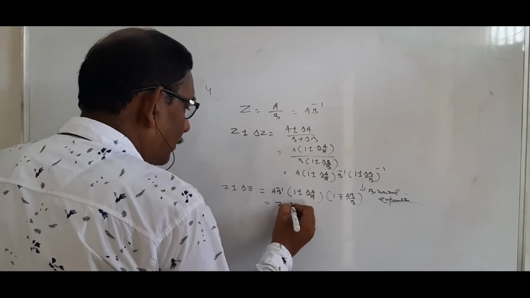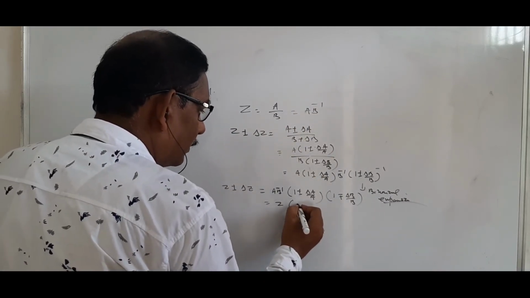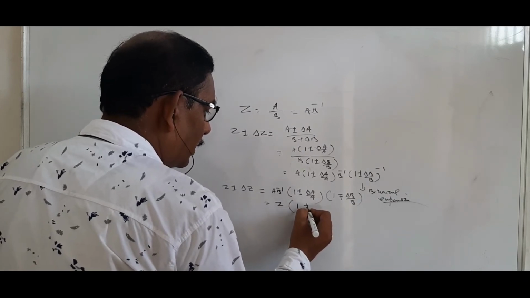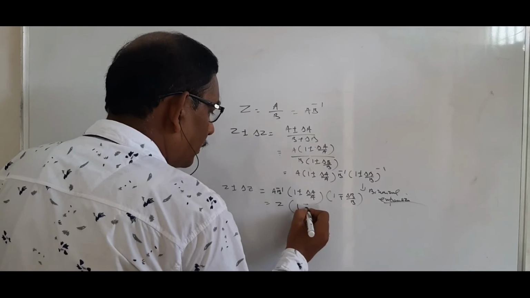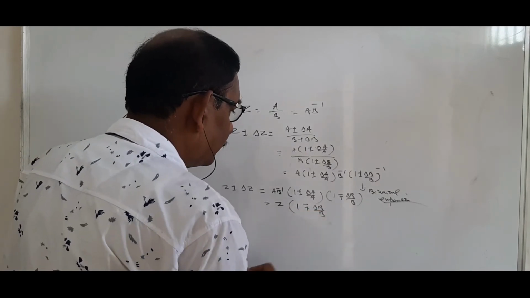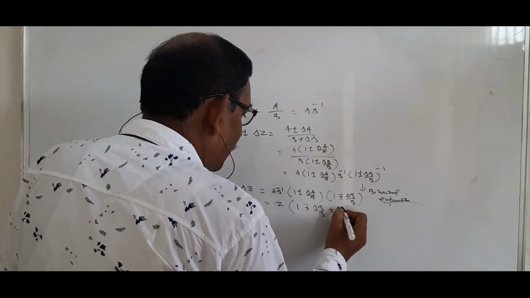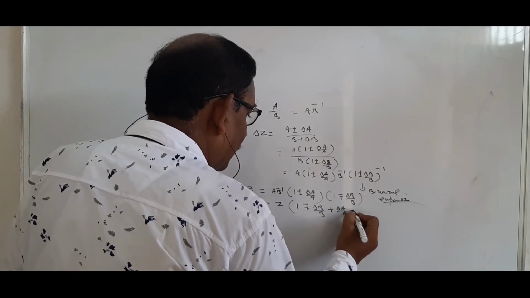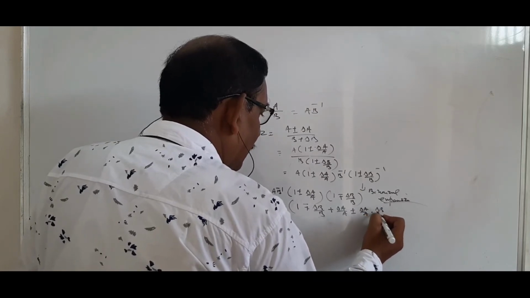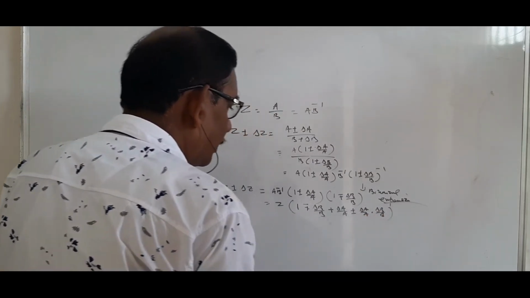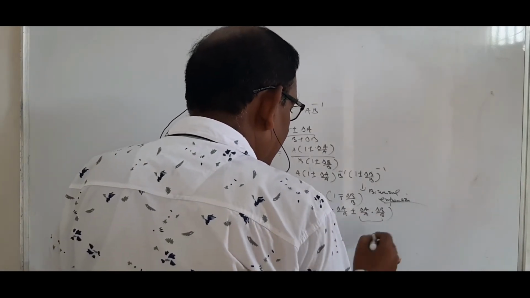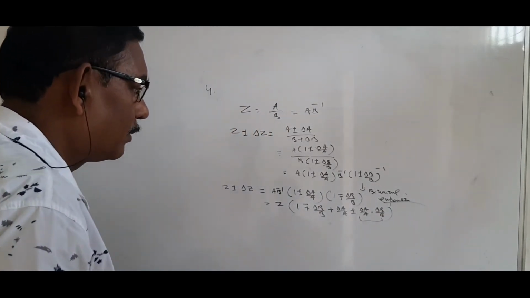So it is Z multiplying 1, that is minus plus delta B by B. Now delta A by A plus minus delta A by A into delta B by B. Neglecting these terms because this is a small quantity.